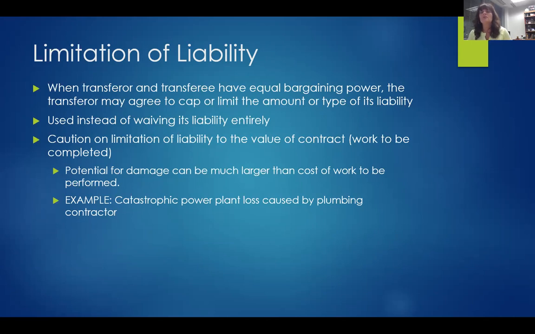And I'll give you an example, real high level. One of the largest power plant losses in history in our country, today's value would be several $100 million. The initial cause of loss was that a plumbing contractor did something inappropriate when they were cleaning out or snaking a line at the power plant, causing water to spew out.